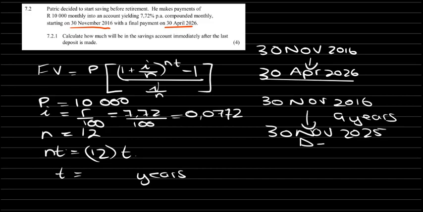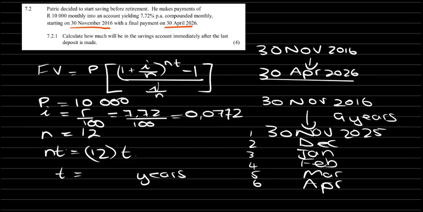So it's December, January, February, March, and April. So this is 1, 2, 3, 4, 5. We count 6 months, inclusive of the first and the last payment. So the time that has passed equals 9 years and 6 months. But this value can't be in months, it must only be in years. So we convert the months to years, and that gives us 9.5 years.